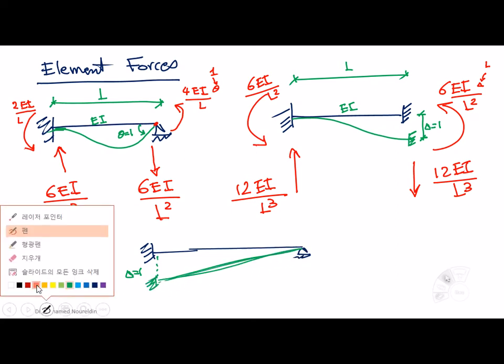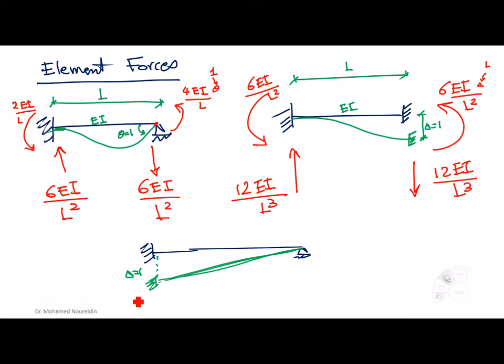The straining actions are going to be at the fixed support only, not at the hinge, of course. The moment developed here is 3EI over L squared, and there is a shear developed here with value 3EI over L to the power 3.